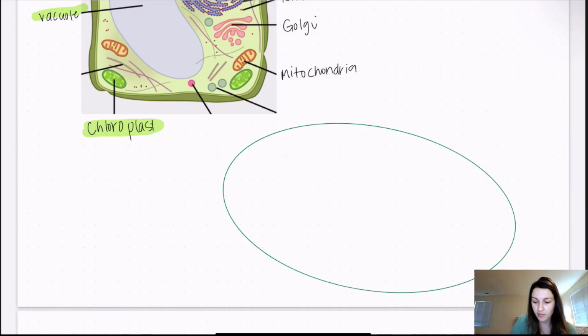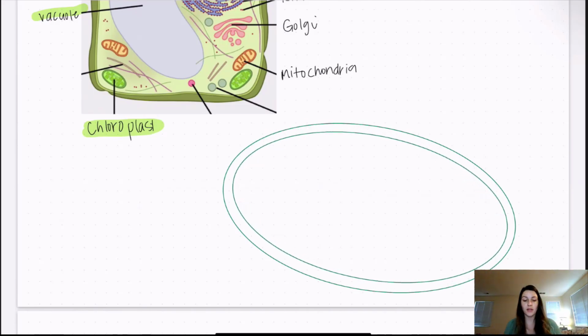And then it has an inner membrane too. So it kind of looks like this on the inside. We're just doing our best. Okay. Kind of like that. Sure, okay. And then within that chloroplast, it kind of reminds me of stacks of coins. These little stacks of coins like this. I'm just drawing however many I feel like drawing.